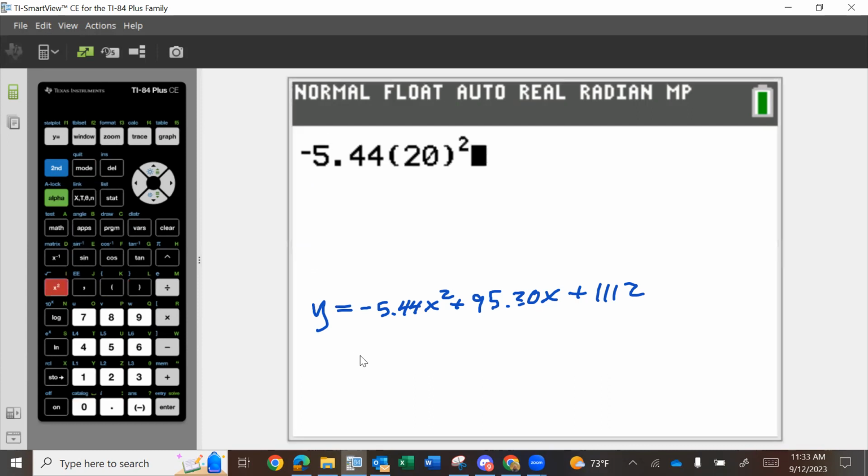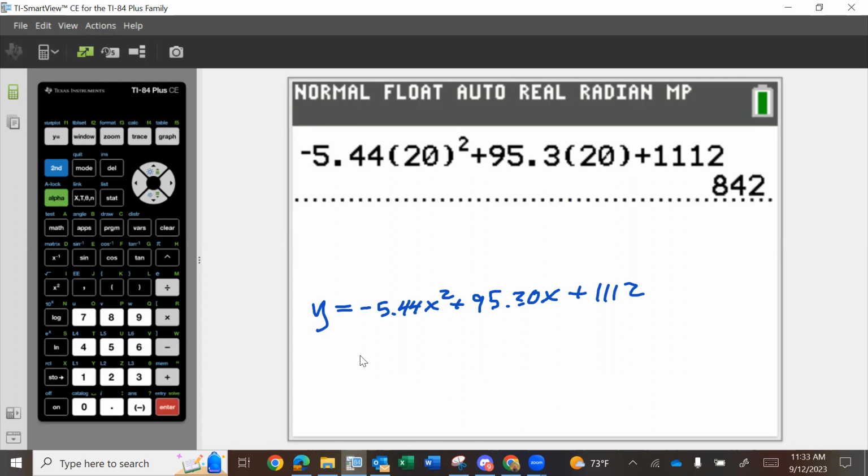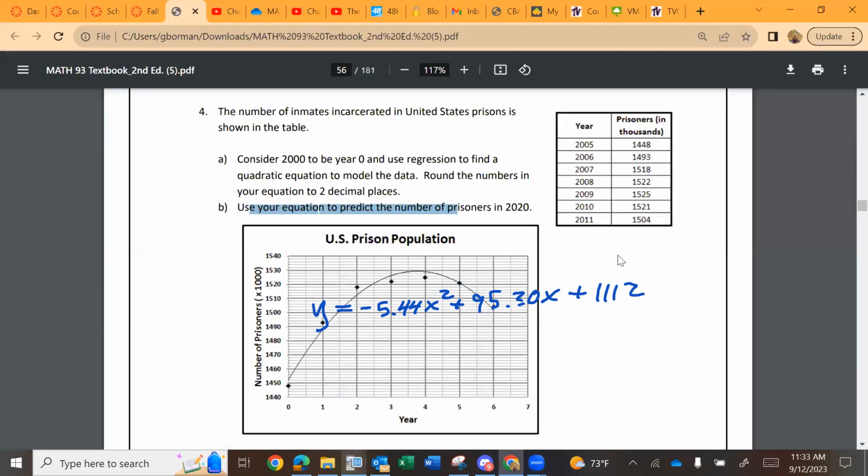Okay, plus 95.30 times year number 20 plus 1112. Okay, so that tells us, so 842 is our answer for year number 20. Does that seem reasonable?